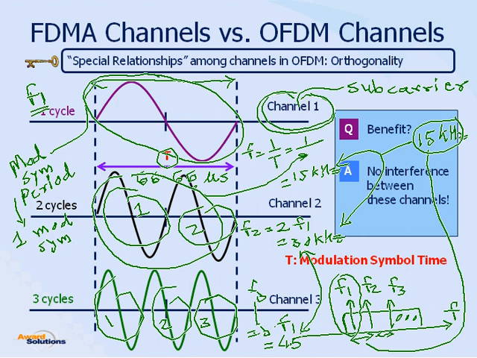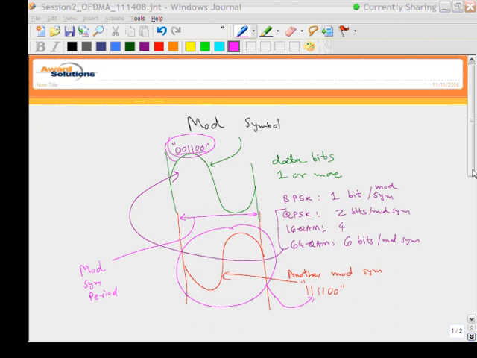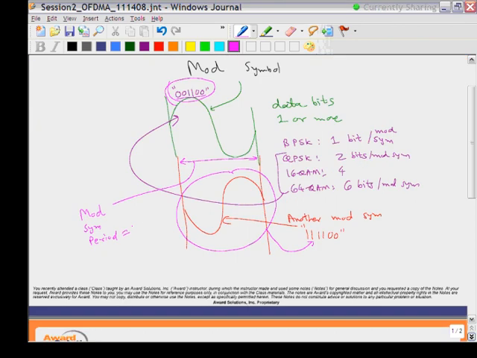Now that 15 kilohertz is nothing but 1 over the modulation symbol period. So in summary, in LTE, we are using the modulation symbol period T of 66 microseconds, and it fixes our subcarrier spacing as 1 over that period, which is 15 kilohertz.